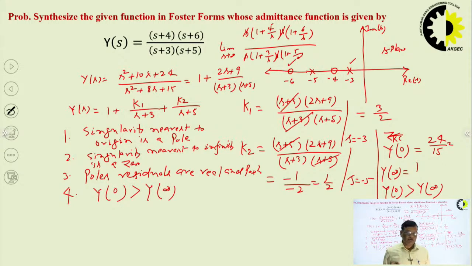From the given function we have concluded these 4 points, and on the basis of these 4 points we can conclude the given function is Y_RL.